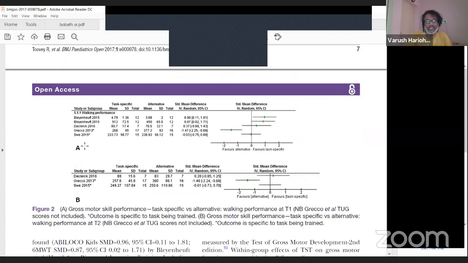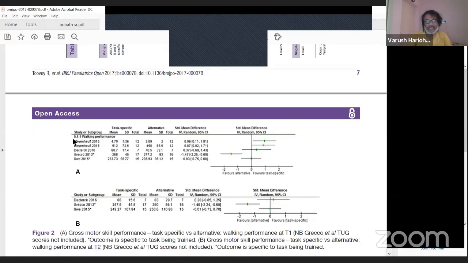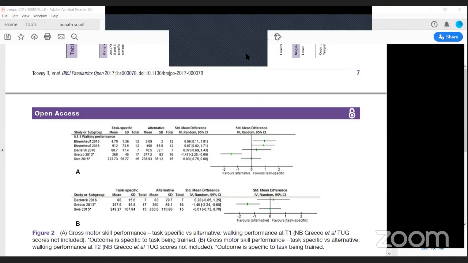So you need to go and look into these RCTs and see what intervention they have given, and try to find out. Rather than asking us, this is one way I would suggest you do. Am I clear, Bala?